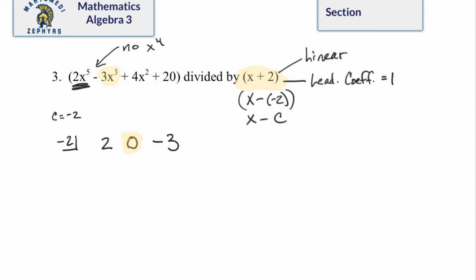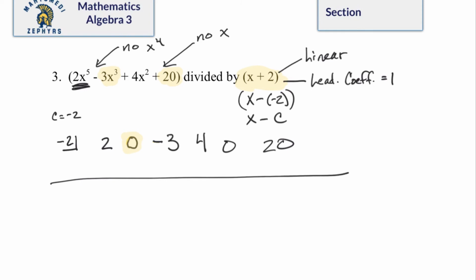Now I can go to the negative 3, I can go to the 4, and then hold on, folks. After the x squared, there should be an x. But there is not one there. So we need to put a 0 down again, and then the 20. Draw a line, and here we go with our method.